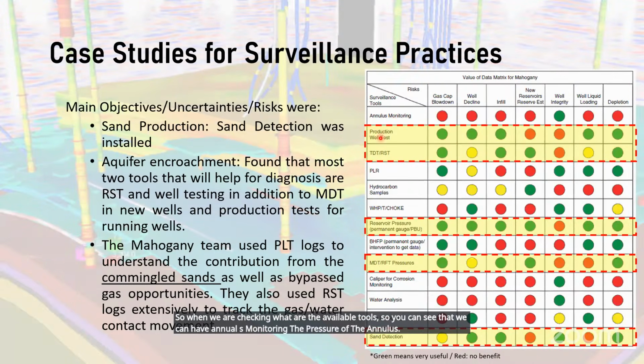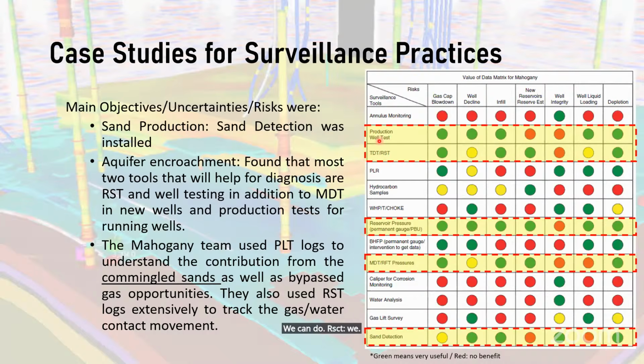We can do RST, we can do well tests, we can do some production logging, we can take some samples, we can measure every day the wellhead pressure, temperature, and the choke size. We can have a pressure test or the build up test for the wells. We can record the MDT in the new wells and so on.